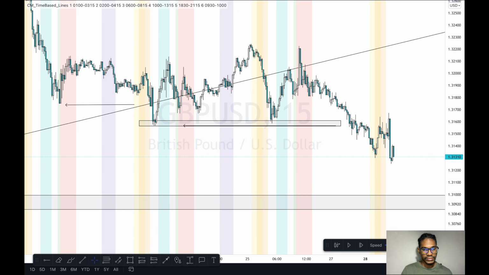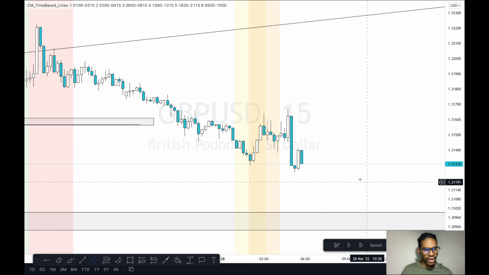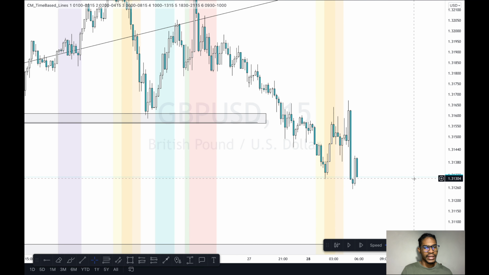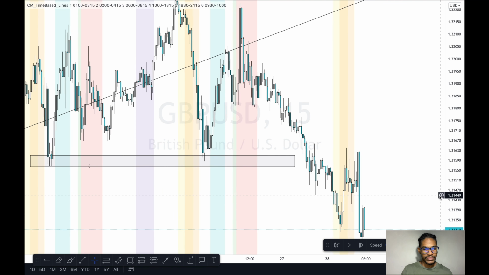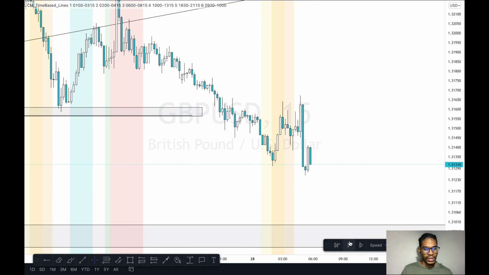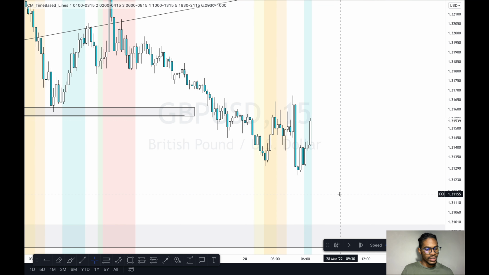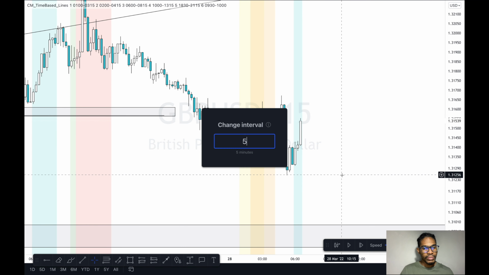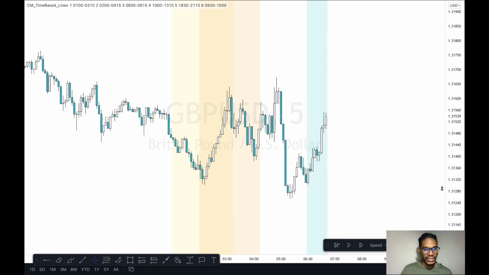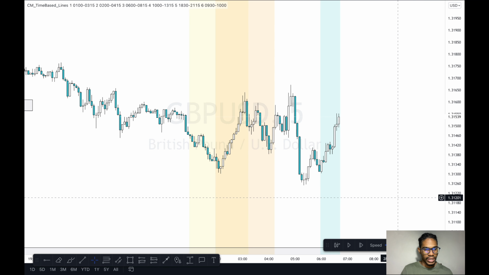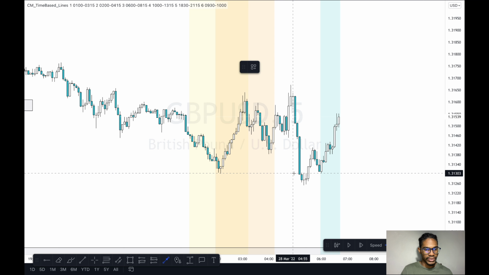Okay, now without further ado, let's drill down to even lower time frames. M15. Now it is clear as day that M15 is moving bearish, right? So what I will be doing, and on M5 as well, price is bearish as well. Now as you can see here, we're in a downtrend on M5.